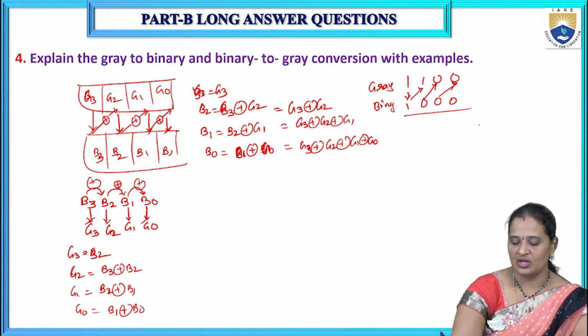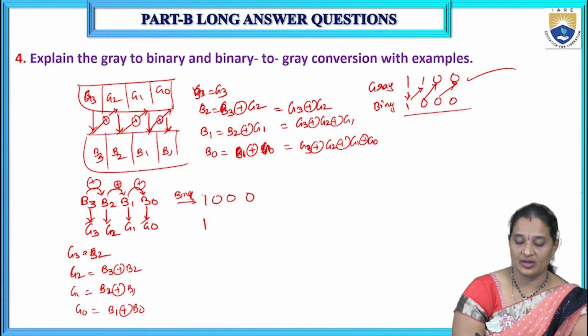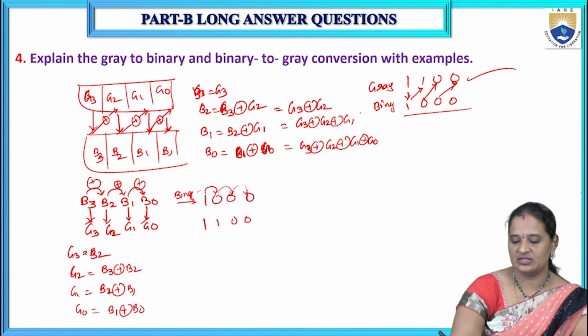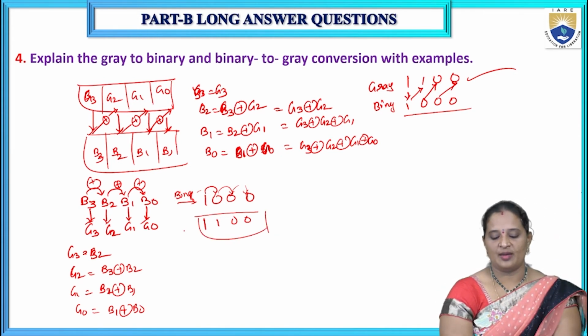Similarly, take one more. For example, let us take 100 as my binary number. Now if I get the gray code for this, I should get this one. Whether I am getting this or not, I'll check. So the MSB is the same, whereas 1 XOR 0 is 1, 0 XOR 0 is 0, 0 XOR 0 is 0. So this is equal. That is how you can get the binary code or gray code for the given binary number.